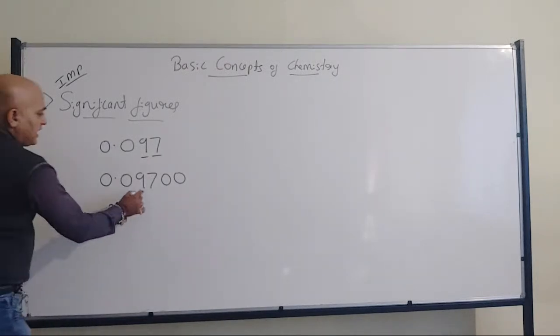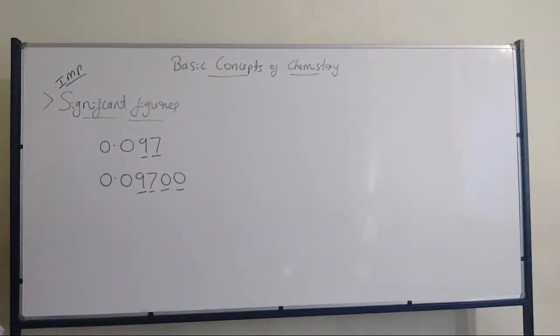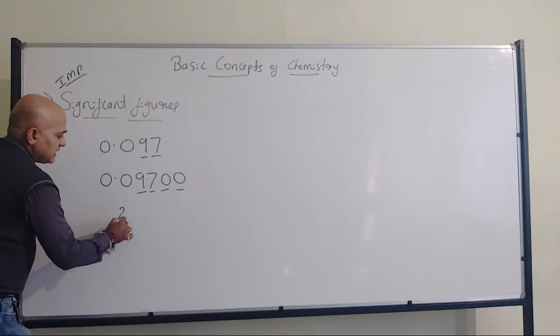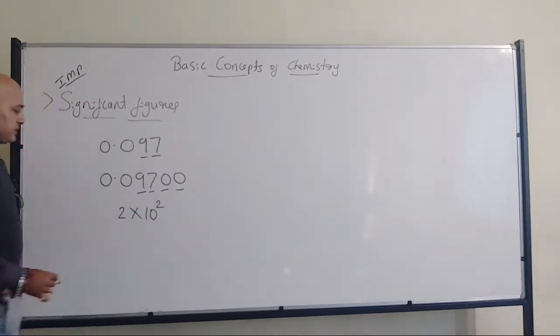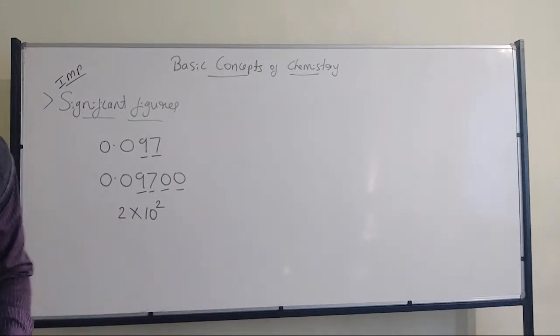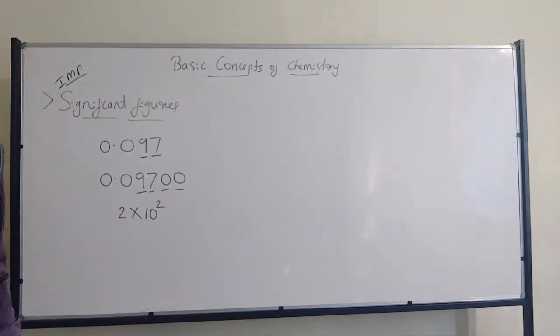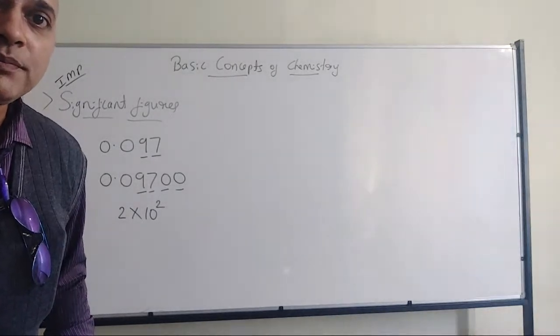Yes, they are 9700. Fine. So what will be the number of significant figures in 2 into 10 to the power of 2? From where did this 2 into 10 to the power of 2 come?